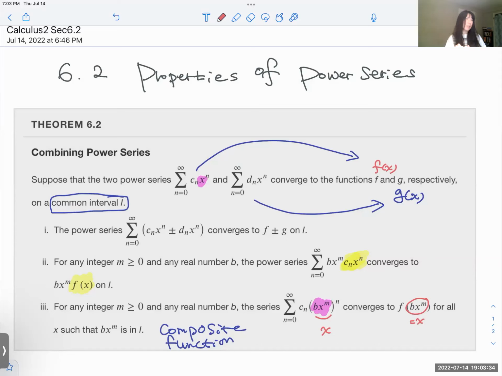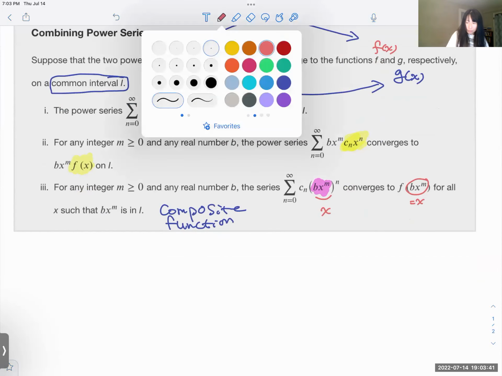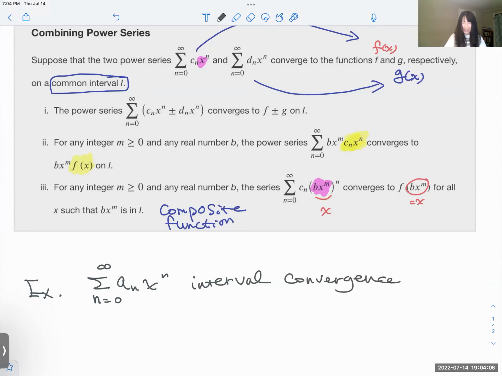So let us do this. Let me move on. So we have a power series, a sub n, x to the n, and let me just denote, cut everything out, interval of convergence from -1 to 1, okay?